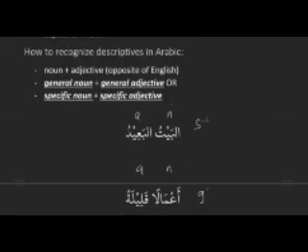يوم عظيم. They're both general. Yom means day, so it's a noun, and azim means great, so it's an adjective. Meets the conditions of descriptive? Yes. الرسول العليم. Both are specific because of al.